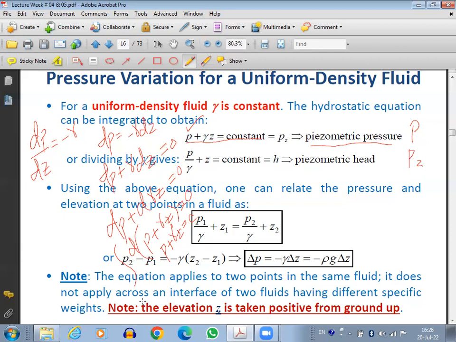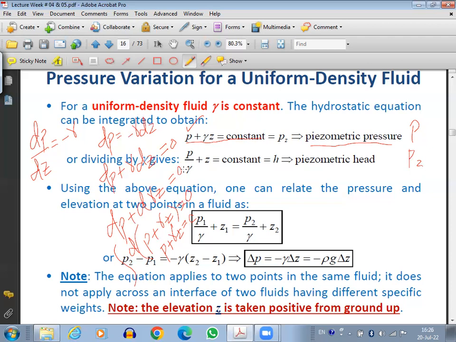Include the two together, whatever the pressure, we call it piezometric pressure. Okay. So this is in terms of pressure, all in Newton per meter square or Pascal. Gamma z also has the unit Pascal. If you put the unit of gamma and the unit of elevation, the combined will be Pascal. You can check it yourself if you want.